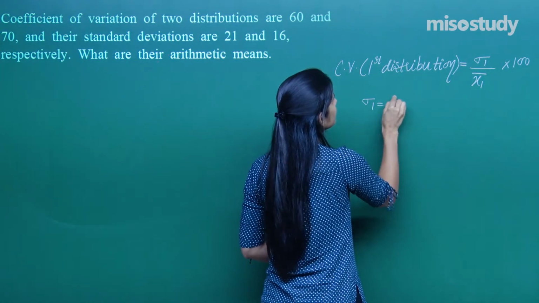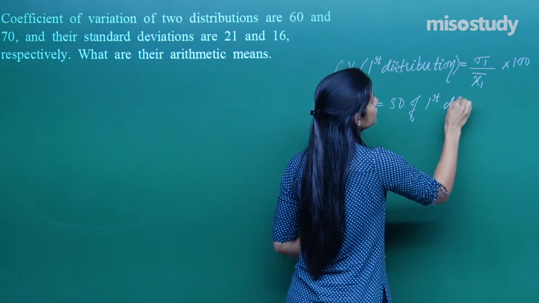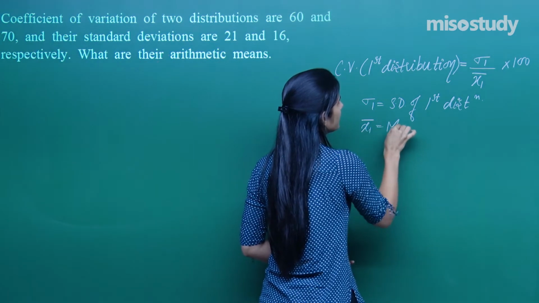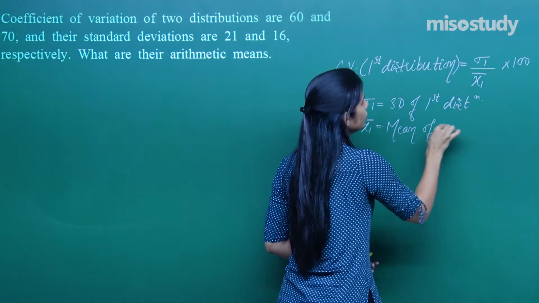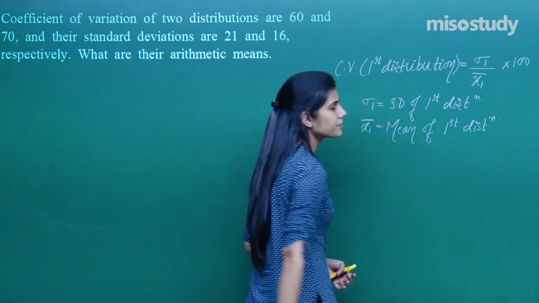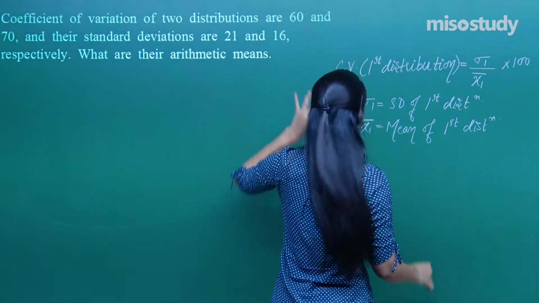So, sigma 1 is standard deviation of the first distribution, x1 bar is the arithmetic mean corresponding to the first distribution. Now, coefficient of variation for the first distribution is given as 60.